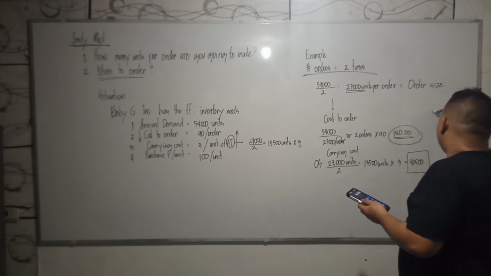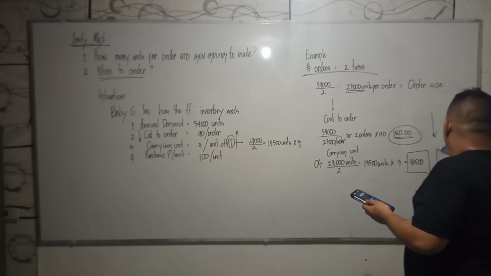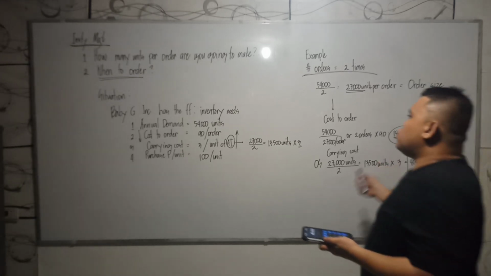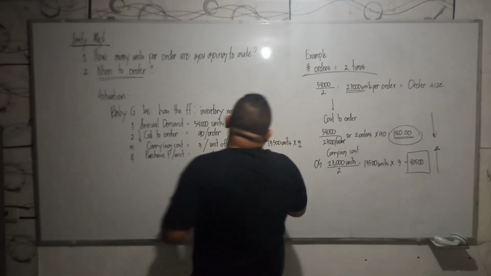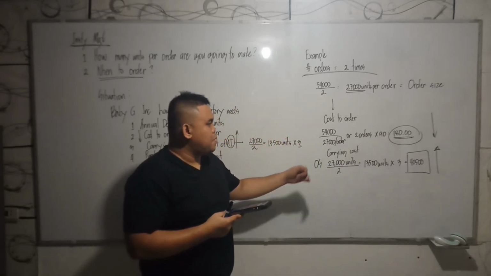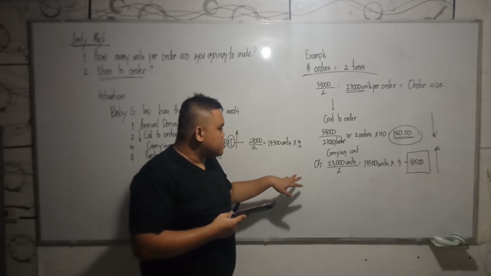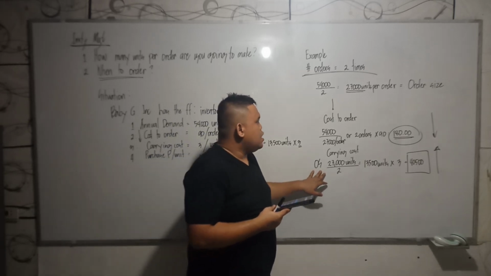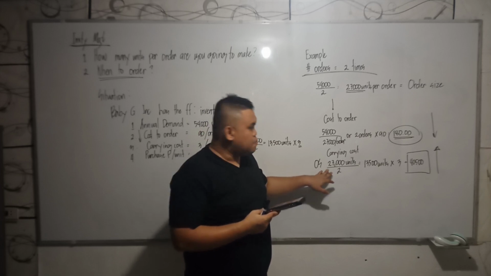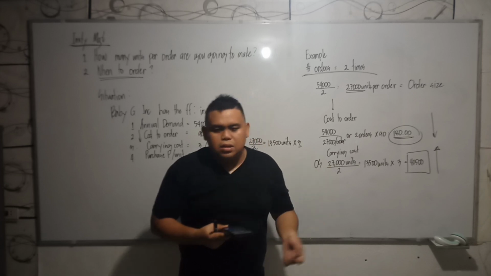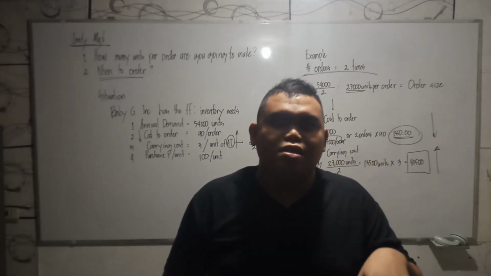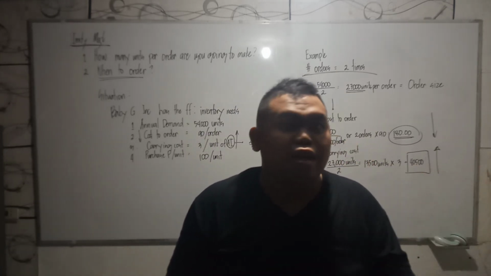Now, as you can see, that happened. The cost to order is minimized because you decided to only order twice. But the carrying cost is becoming bigger because of the average inventory, which became bigger also. Again, the average inventory is the order size that you have decided divided by 2. And let me add, this average inventory is as if the inventory that is in your company day in and day out.